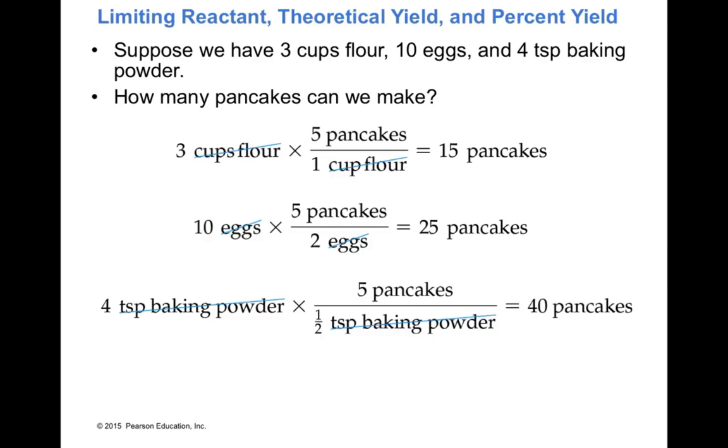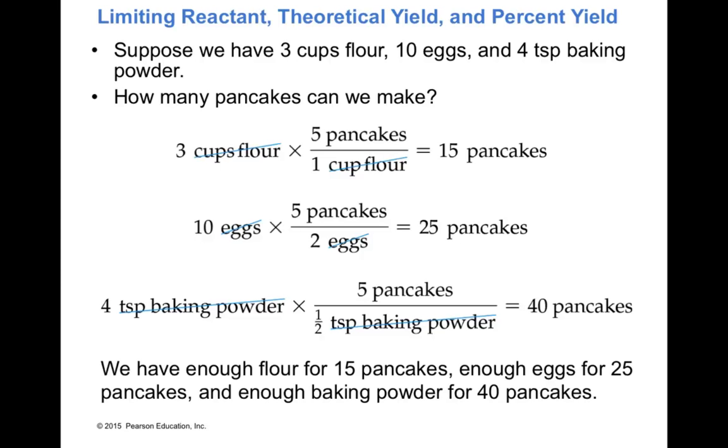The number of pancakes that we can make is 15, because we don't have enough flour to produce more than 15. Even though we have 10 eggs that will produce 25, the 3 cups of flour limit this production of pancakes.